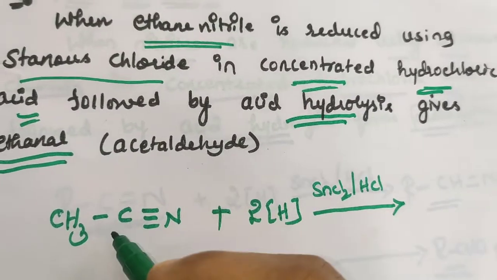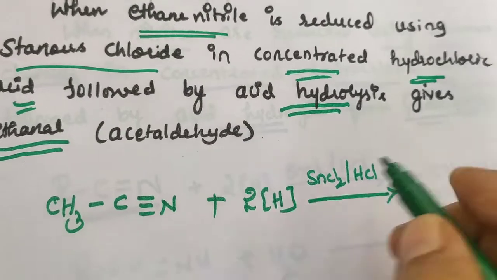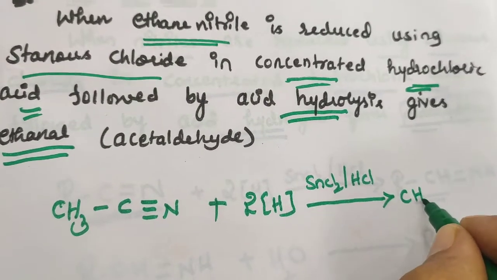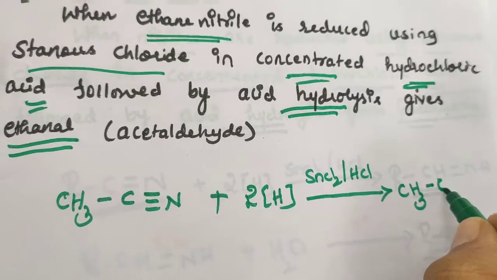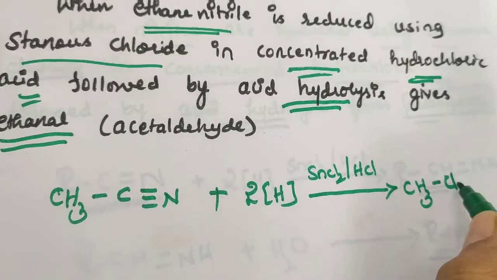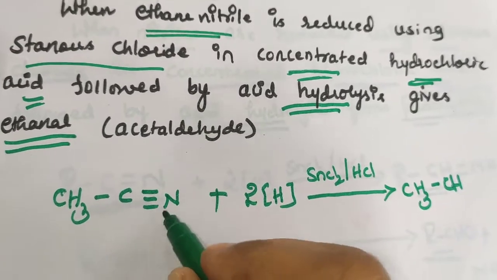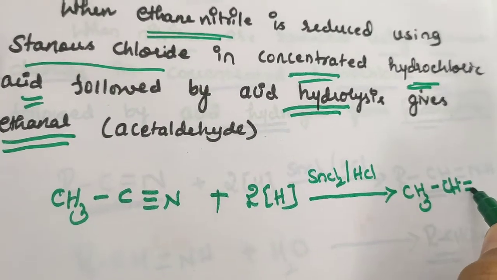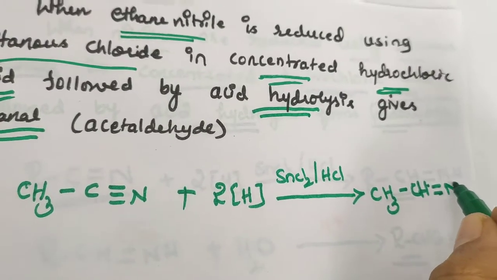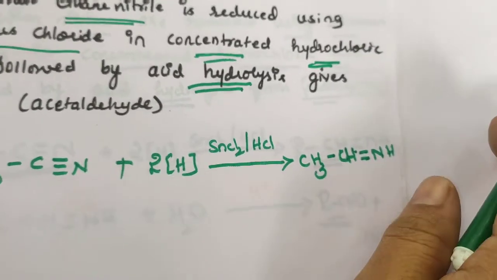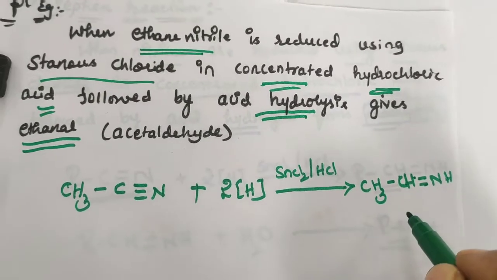These 2 hydrogen atoms are added to this carbon and nitrogen. So the change here is that CH3C gets 1 hydrogen atom, the triple bond is reduced into a double bond, and the N also gets a hydrogen atom. So there is formation of an intermediate product.